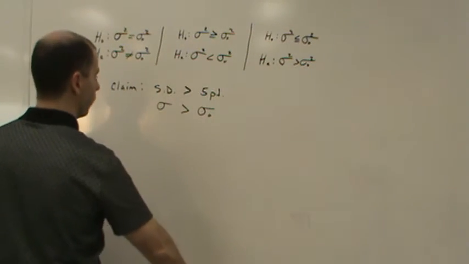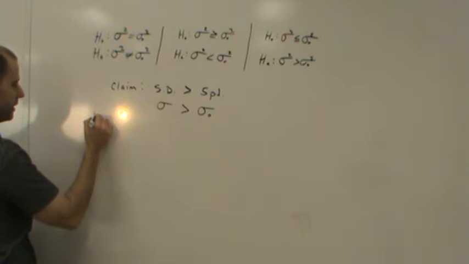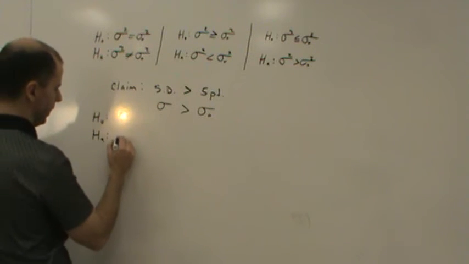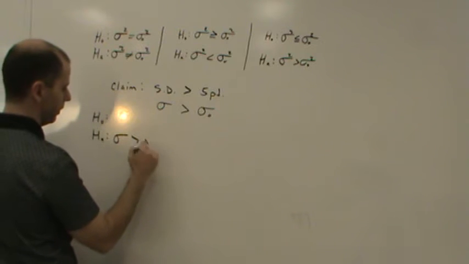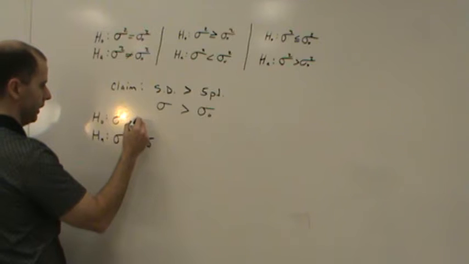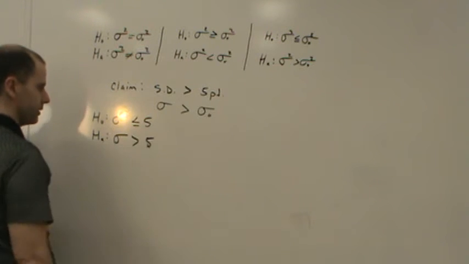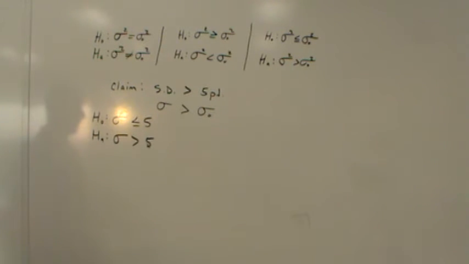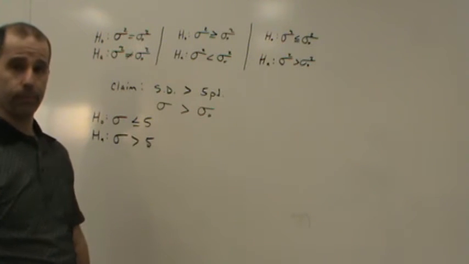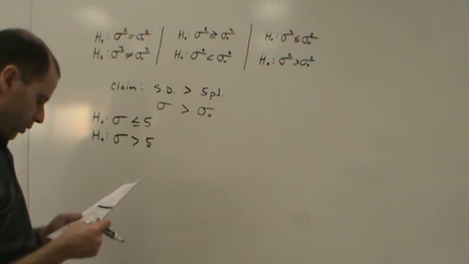So then the way I would write the null and alternative hypotheses in this case is this. It would be sigma is greater than 5 versus sigma is less than or equal to 5. Does that make sense? So that's it. Okay?